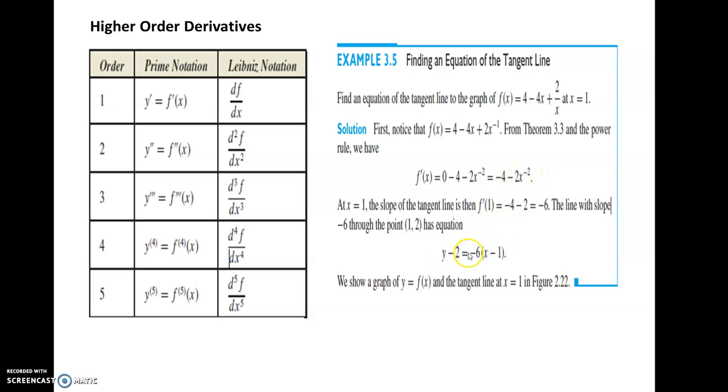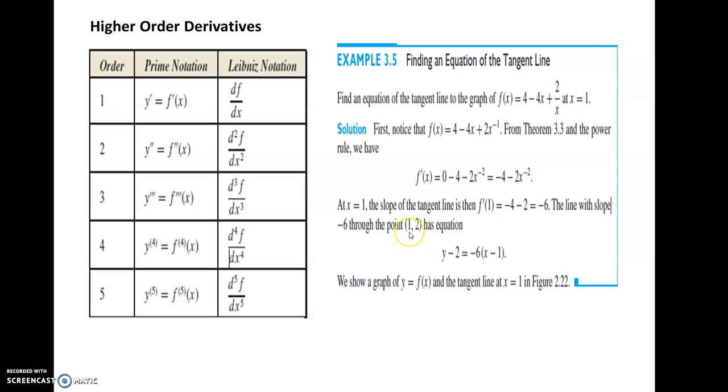Now you put x equal to 1 in f to get f of 1. What is f of 1? It is 2, right? So the line has slope minus 6 and passes through a point, and you need to find that point.